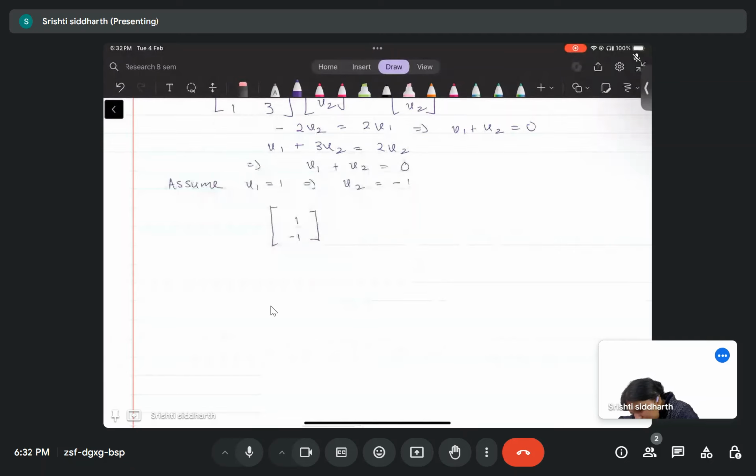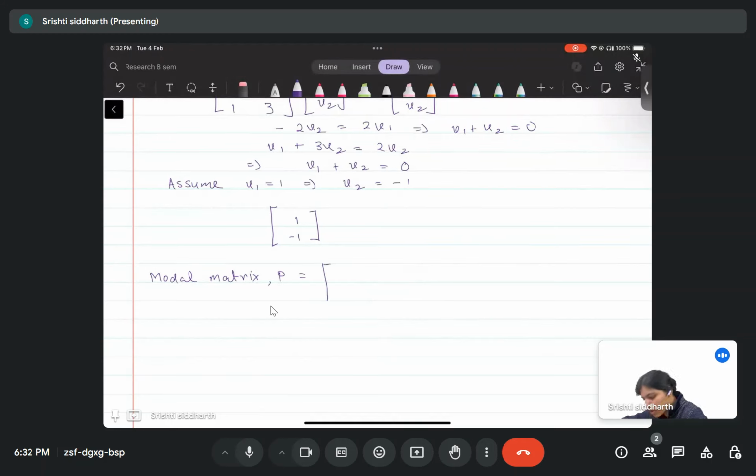Alright. So the model matrix, I'm going to call this model matrix P. The columns of P are actually the eigenvectors for the corresponding eigenvalues. So this is for lambda equals 2.